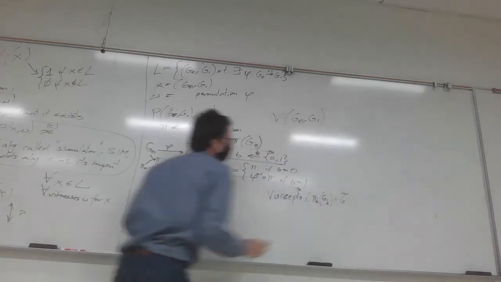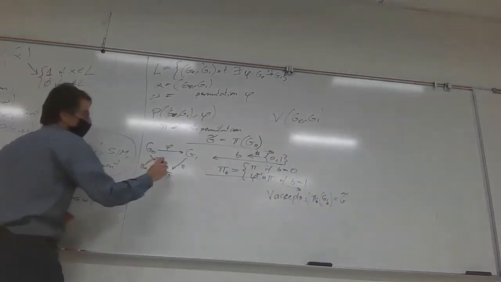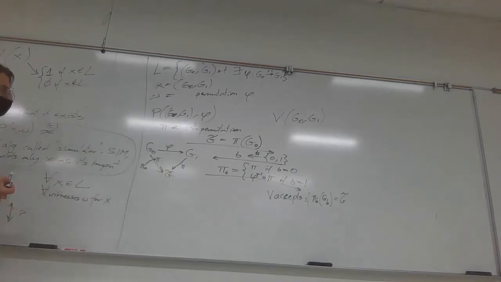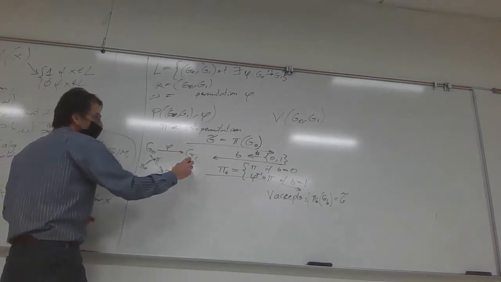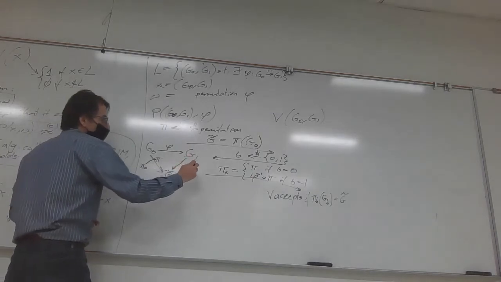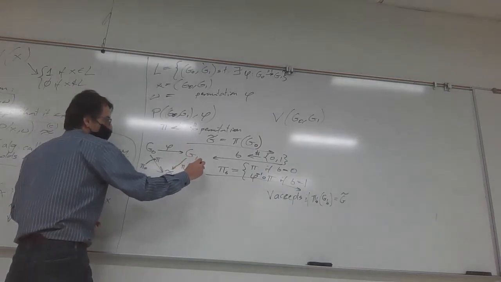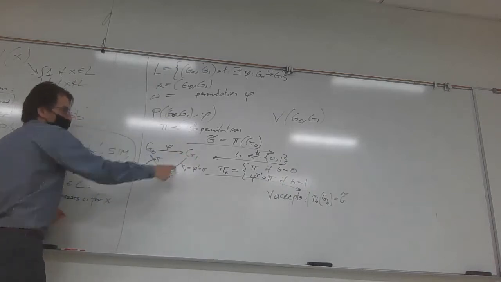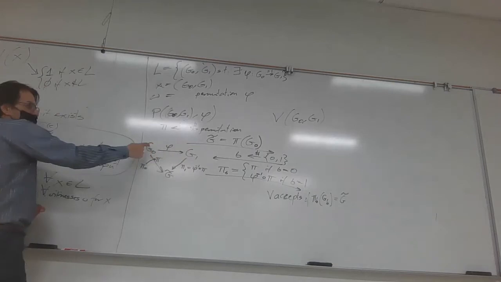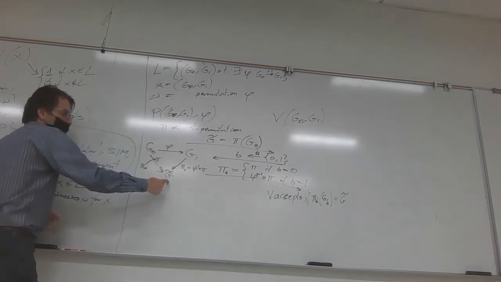So pi 1 is this thing because it is phi inverse composed with pi. Right? How do I go from this graph to this graph? I invert this permutation and I apply this one.